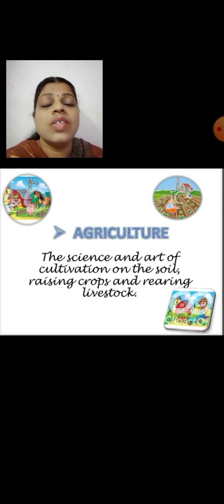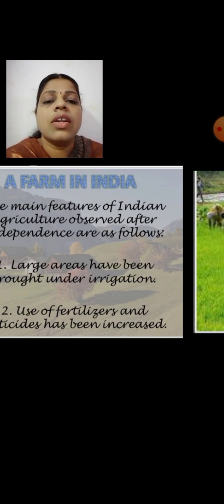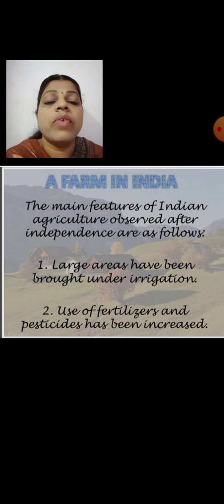Children, so far we have dealt with, in our previous modules, the agriculture and the various crops grown in our country, as well as the features of the agricultural system of our country. Next, we'll discuss the agricultural system prevalent in America.